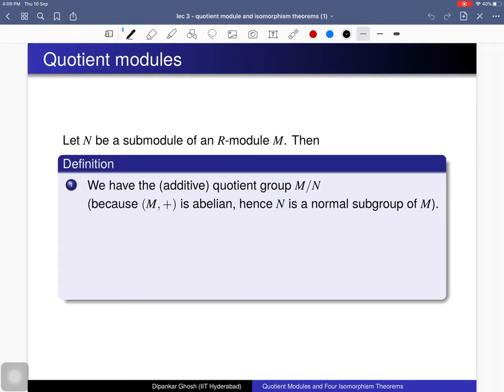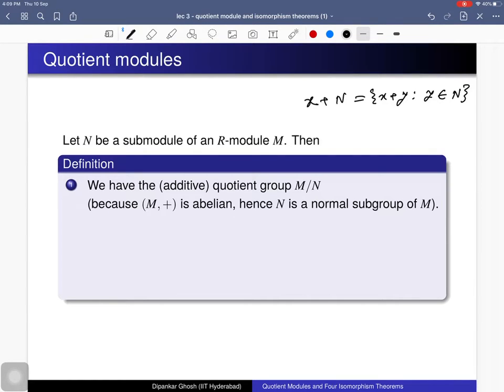Since M is abelian, this additive subgroup is a normal subgroup. So, we can consider this quotient group M mod N, where elements of M mod N look like this kind of coset. It is just x plus y, where y varies in N.